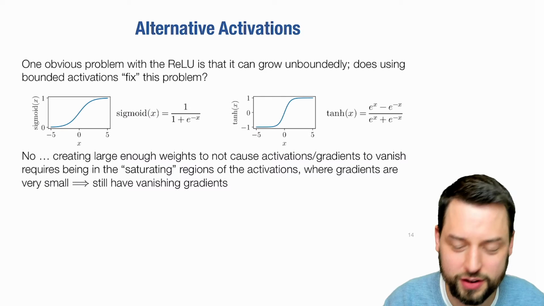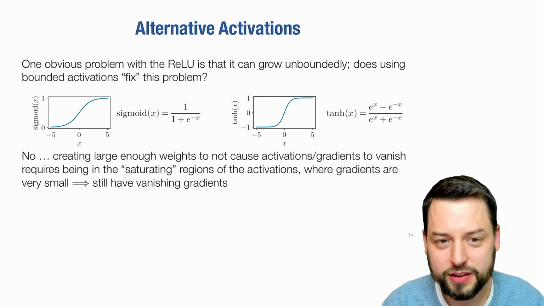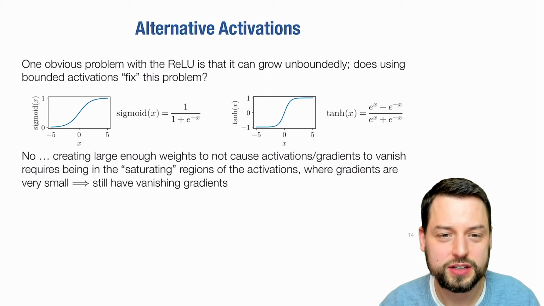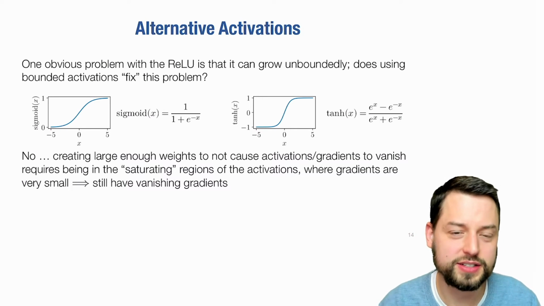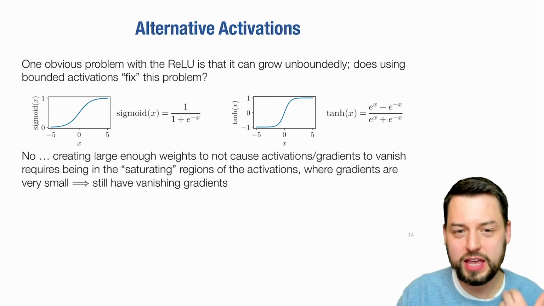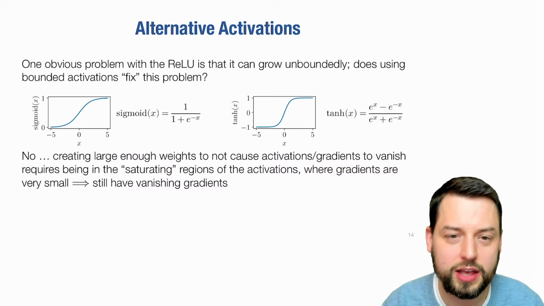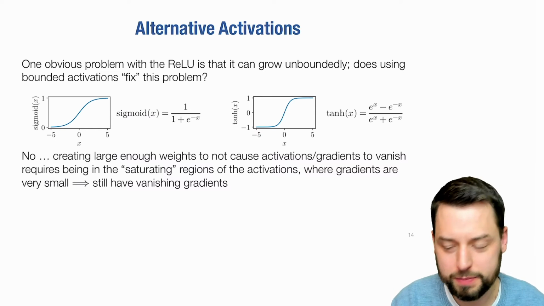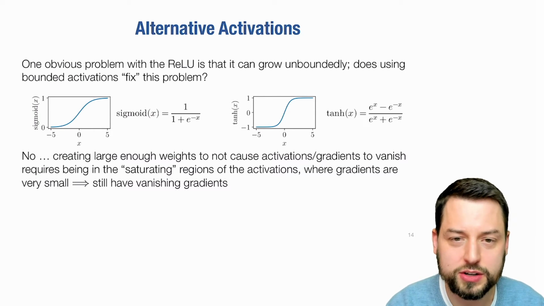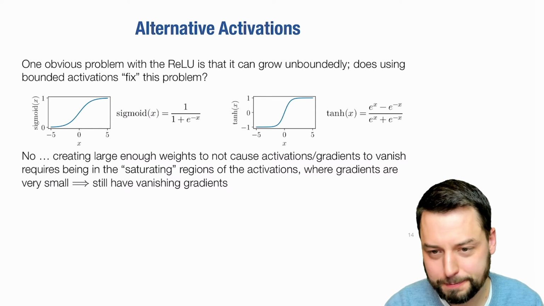The short story is that just using these activations will not fix the problem of vanishing gradients. Even if you use a saturating nonlinearity, you're still going to have a vanishing influence between earlier points in your sequence and later points.